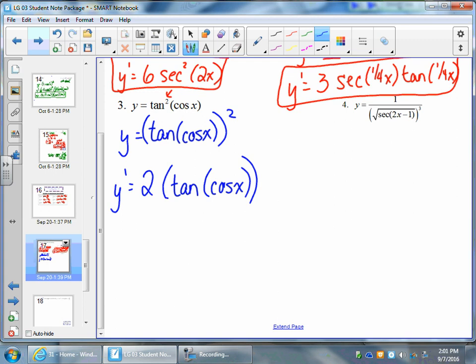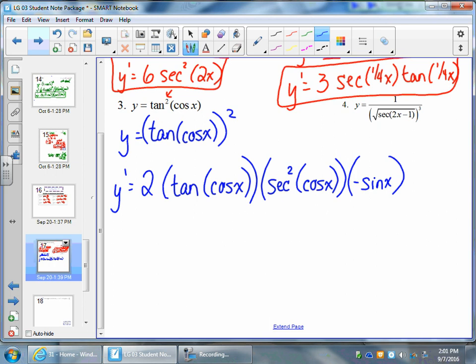Now again, we want to start off with tan, which, remember, the derivative of tan is secant squared of cos x, okay, because I'm leaving that exactly how it is. And then I need to multiply by the derivative of cos x, which is negative sine x. So this is a big one. Now you want to go through and see what can you simplify, if anything. Well, a lot of these are just separate functions.